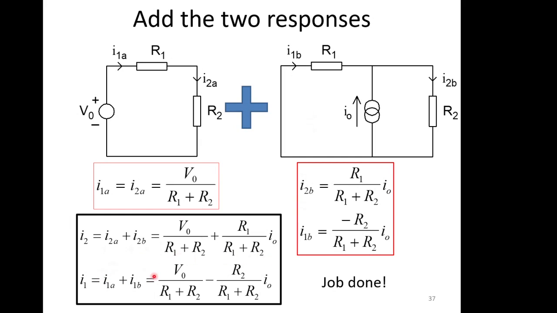And so we end up with slightly more complicated equations, but the actual steps to get there were really easy once we've identified that it's linear, and we can apply this superposition theorem. So that's superposition in a nutshell.